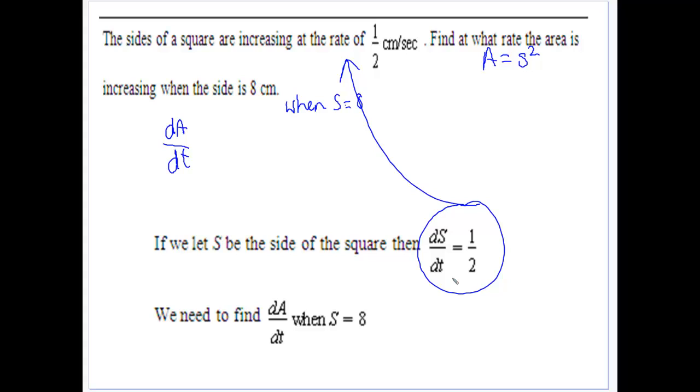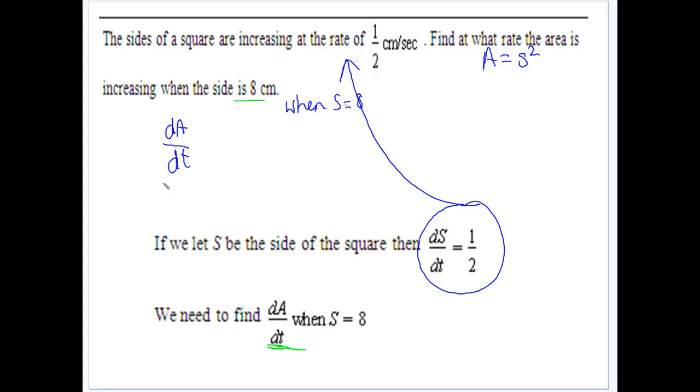What we do want to find is the rate of the area that's increasing. So we want to find dA/dt, the rate at which the area is increasing at a particular value when the side is equal to 8. So we're using ds/dt, but when s is equal to 8, we want to find dA/dt.